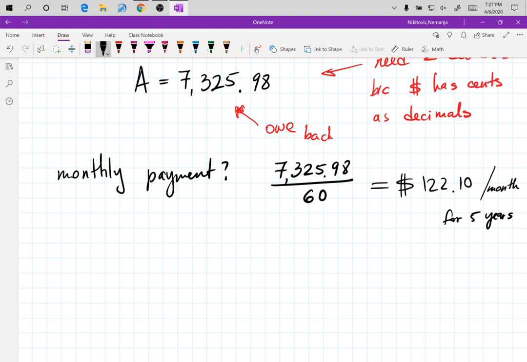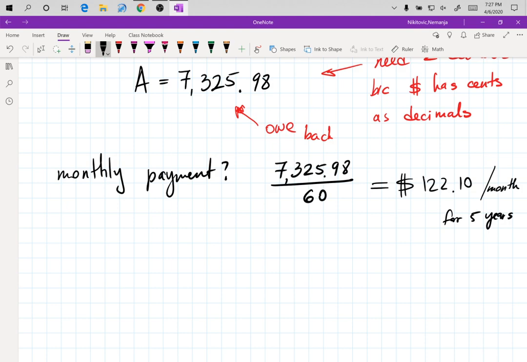This is used by banks to calculate your loans. But what you can do is use the easier formula with E to calculate your absolute maximum monthly payment, because E is that limiting value.